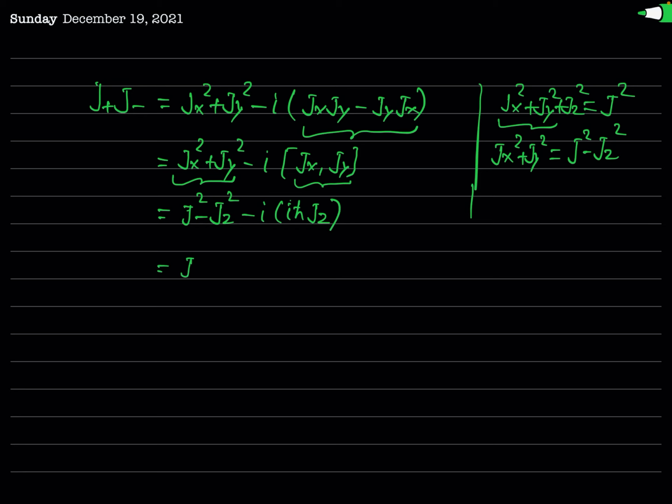So this result is what? This is j square minus jz square and plus h bar jz. In fact, this is j plus j minus. So j plus j minus is equal to j square minus jz square plus h bar jz.